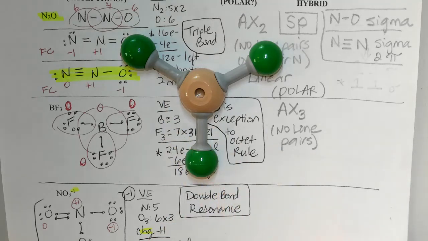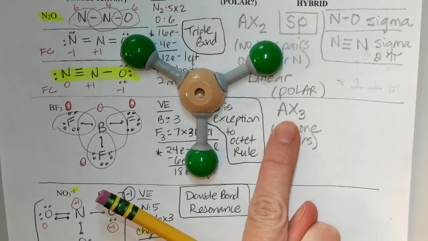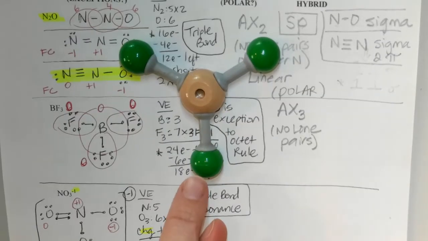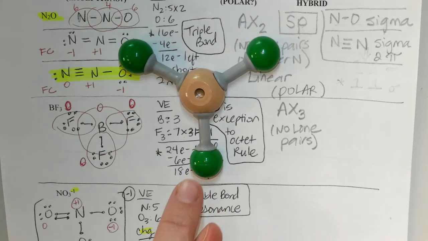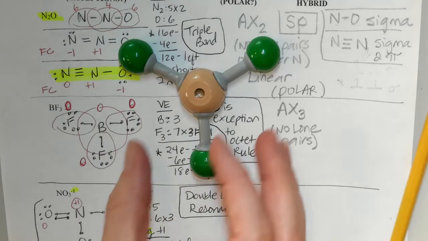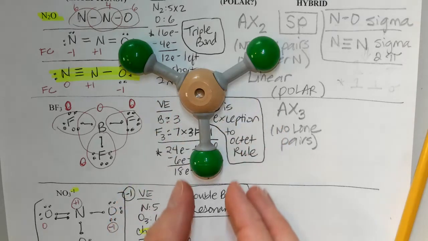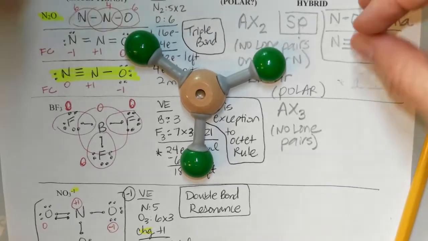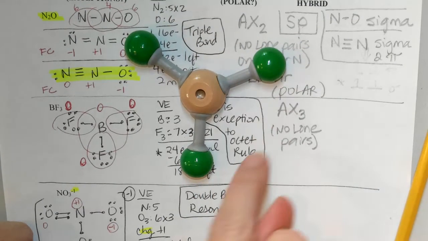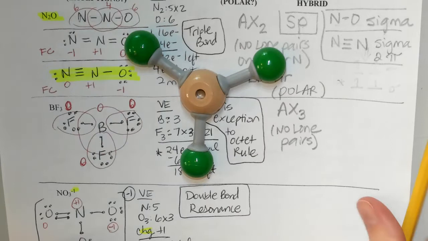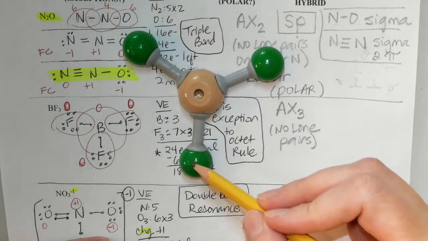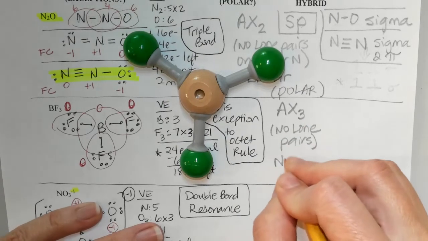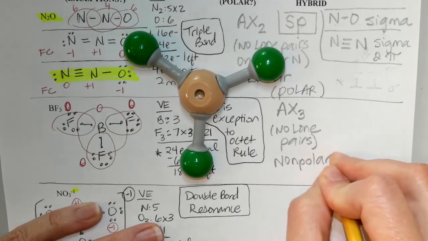And when you have an AX3 and all of the bonding elements are the same elements, so same electronegativity, the idea is that this electronegative fluorine is pulling down, and these electronegative fluorines are pulling up and away. And because all 3 attachments are fluorines, at max and equal distance from each other, overall this is going to be a non-polar molecule.